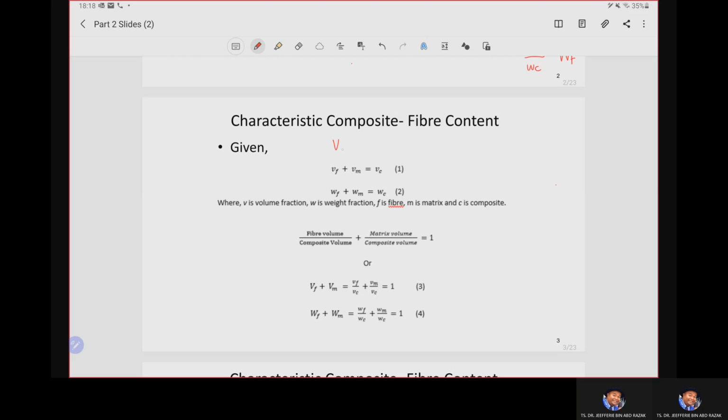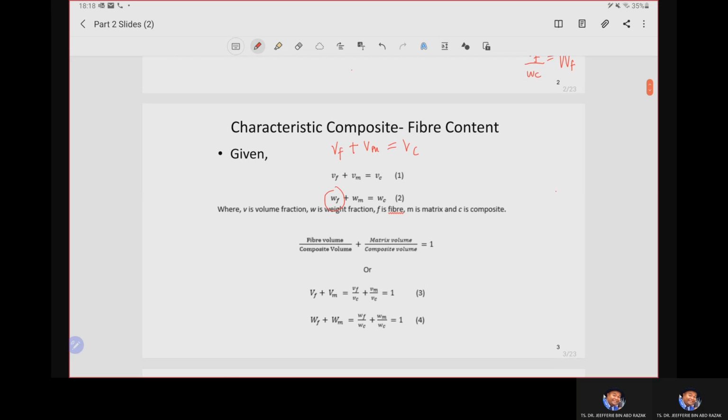So the volume fraction of fibers is added to the volume fraction of matrix, and equals the total composite volume VC. The same goes for the weight fraction: the weight of fibers, WF, plus the weight of matrix, WM, will always equal the total weight of composite, WC.